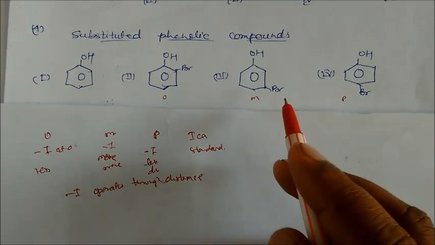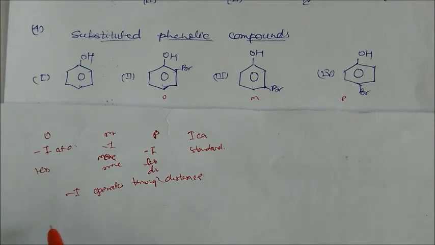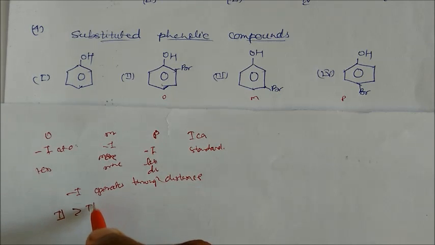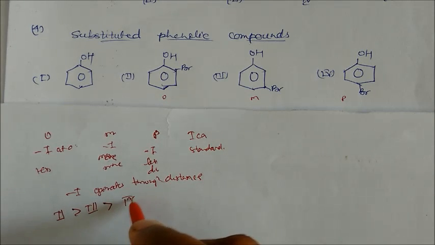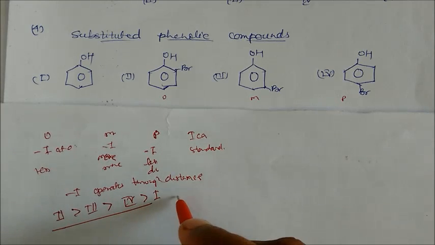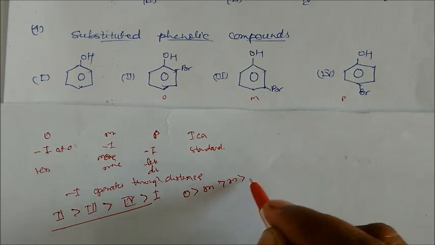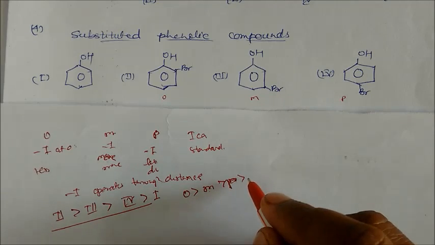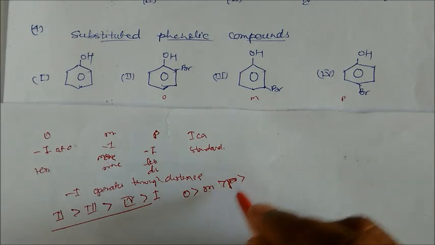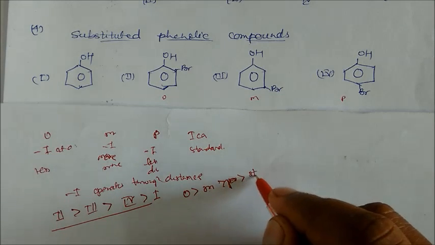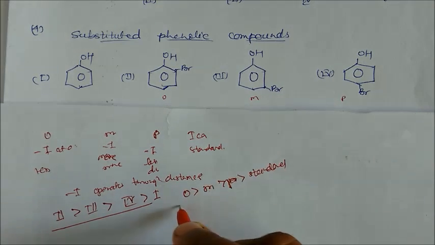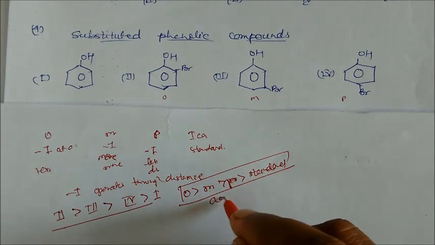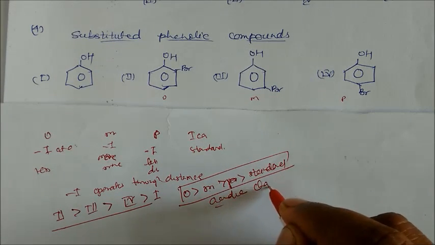So in these cases, this is 2, so 2 will be more acidic than 3, then 4, and then the standard. So ortho is more acidic than meta, then para, and then your standard. This is our acidic character.